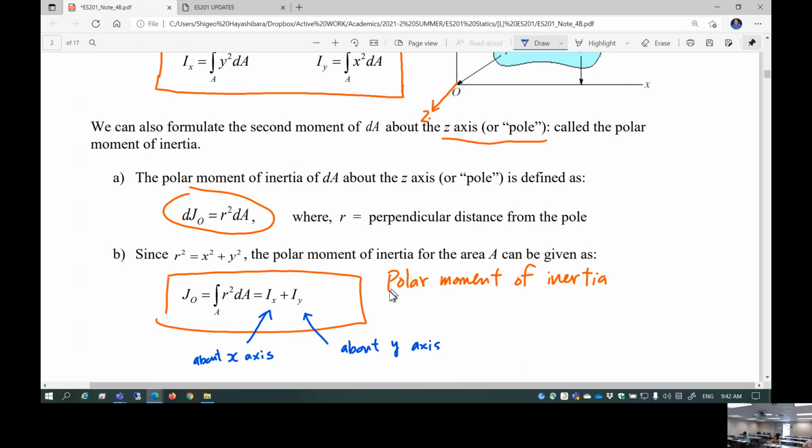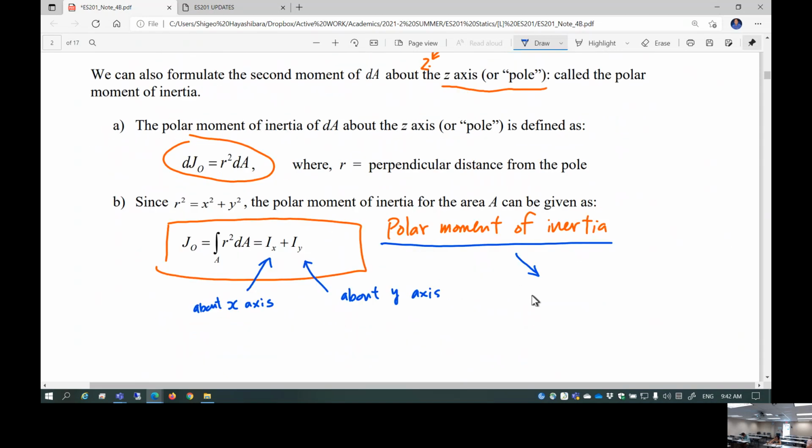Polar moment of inertia is typically important if you have something like a shaft, which is a rotating body, an axisymmetric body. Such as, okay, well, this is the shaft, cross-section circle.